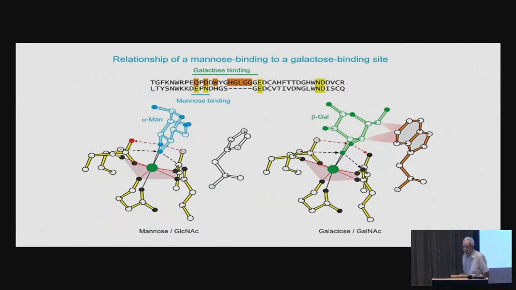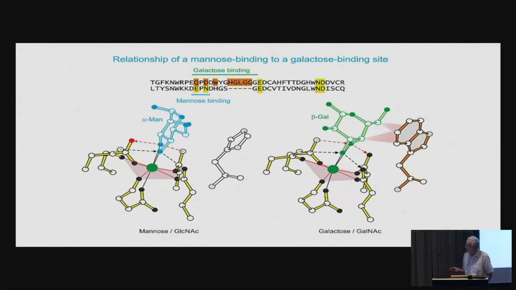Okay, finally on the simple sugar binding site, we can build a site that's very slightly modified from the mannose binding site and turn it into a galactose binding site. And by very slight shifts in the ligands in the protein around the calcium, we can make it prefer galactose, which has an axial and an equatorial hydroxyl group, instead of mannose with the two equatorial ligands.